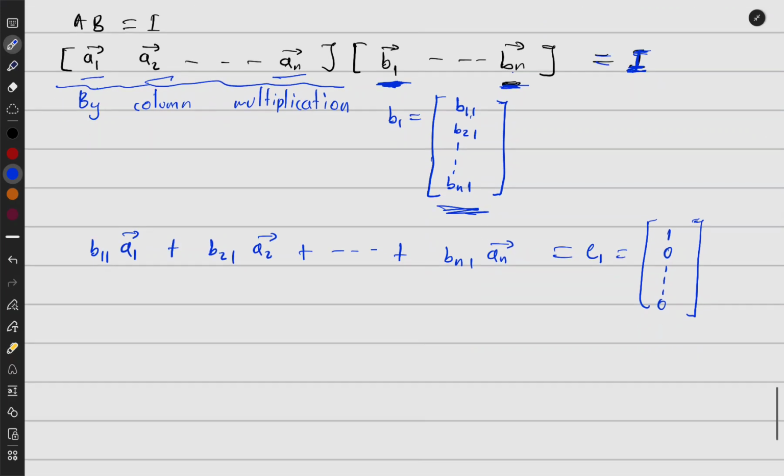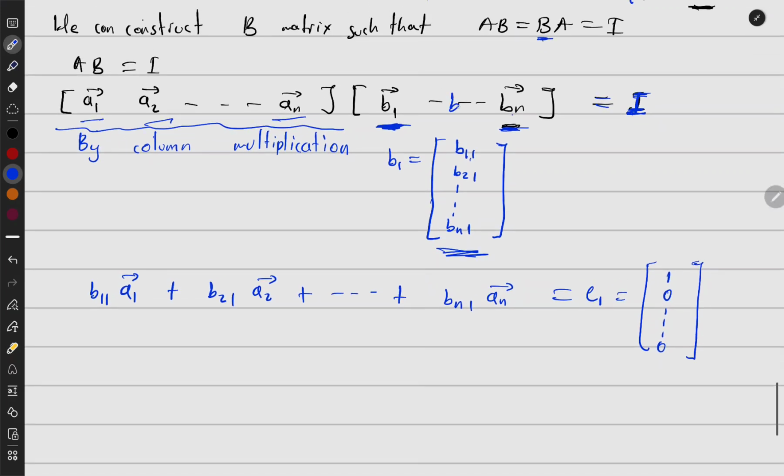So we can also multiply with a jth column here. Using a jth column, I can use a jth column in B. When you use a jth column, this is like B1, now this is A1.